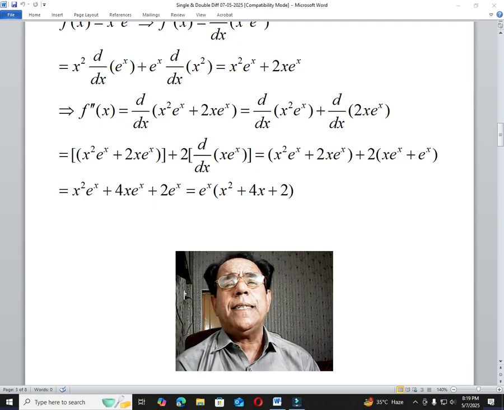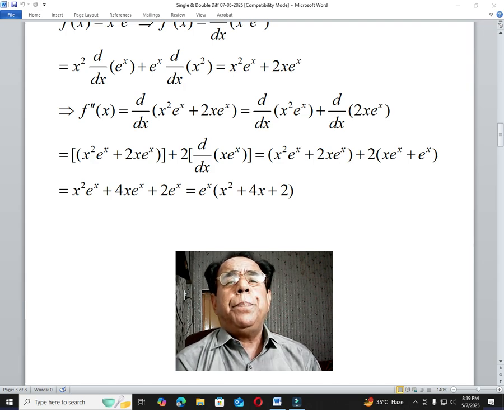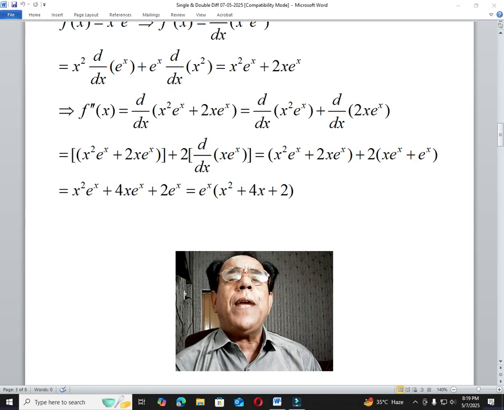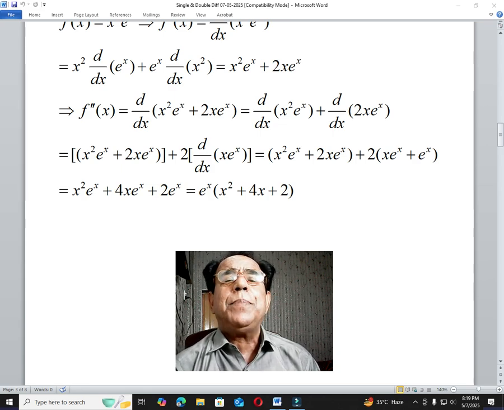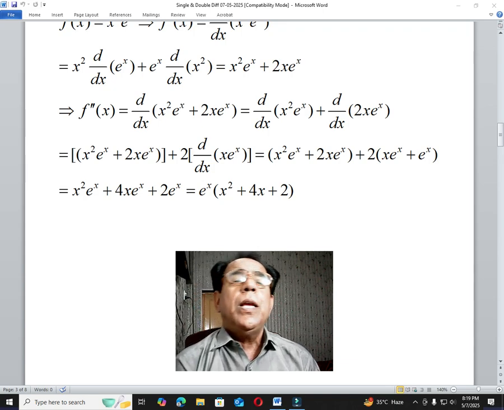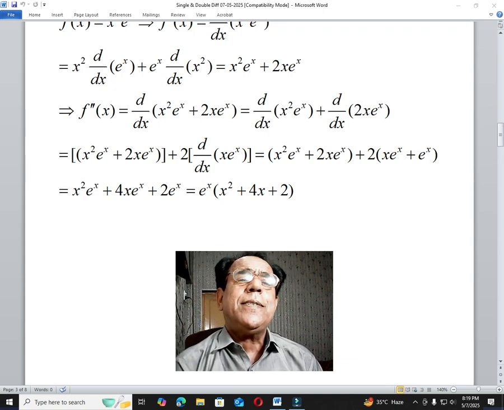so we get x square e raised to power x plus, yes, dear students, actually the derivative of x into e^x has become equal to x e raised to power x plus e^x. Now in this next step we are just going to simplify.